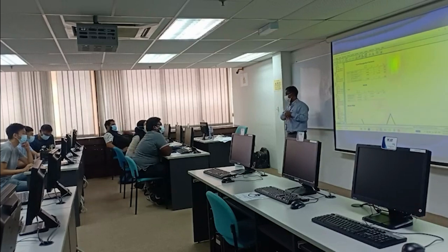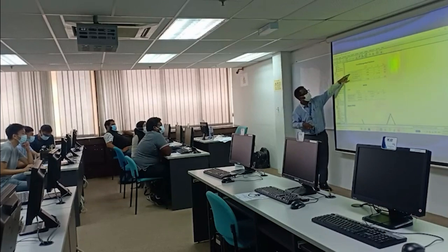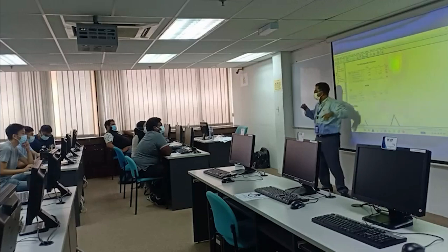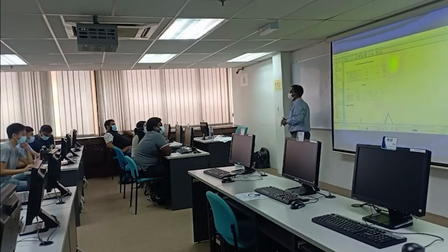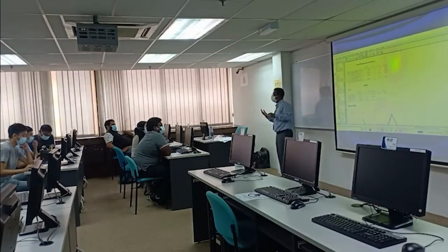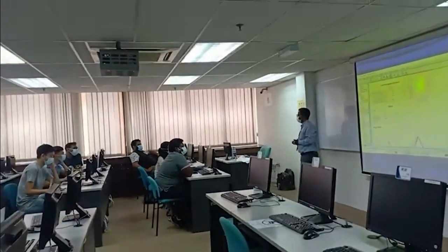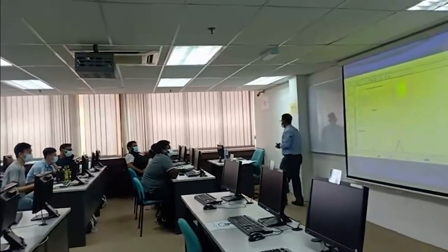Got that? Equality of variance, Levene's test. You have to look at Levene's statistic. 0.000 means it is less than 0.05, so the assumption is not satisfied. Then look at the means plot.